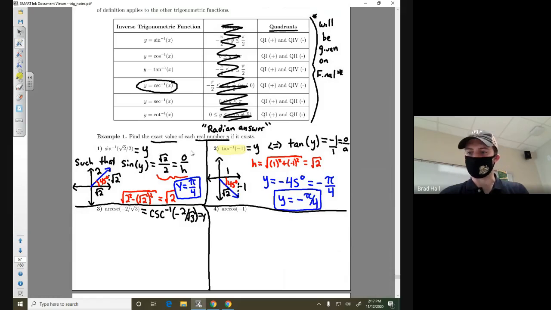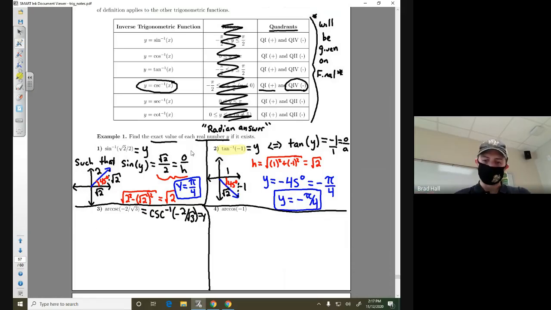Which means we're ultimately going to be using either quadrant 1 or quadrant 4, and you might notice very quickly that because the input is negative, we're going to be in quadrant 4. Now, what exactly is happening in quadrant 4?